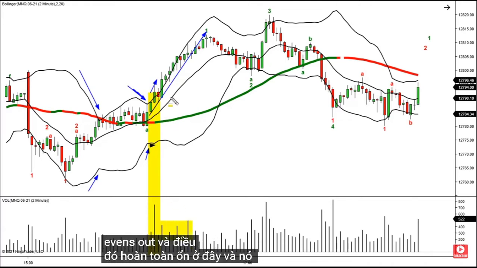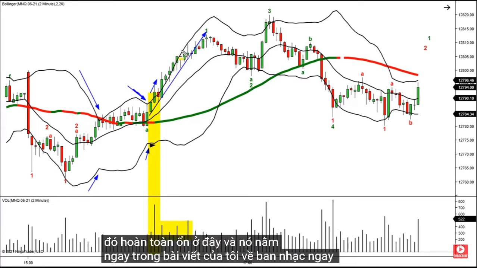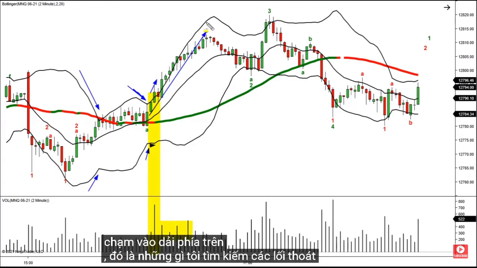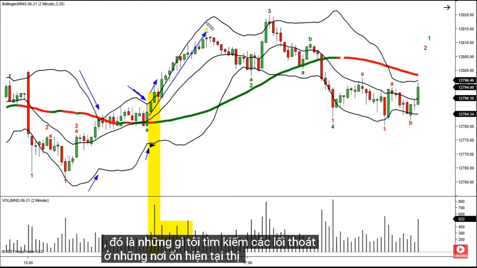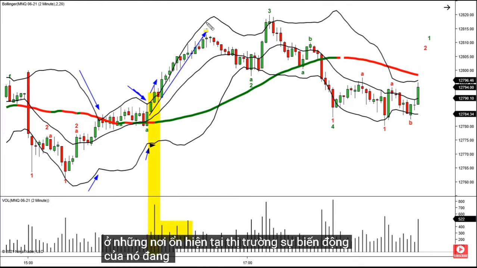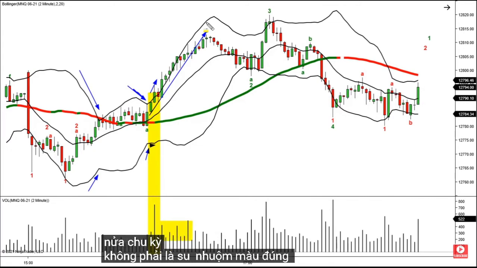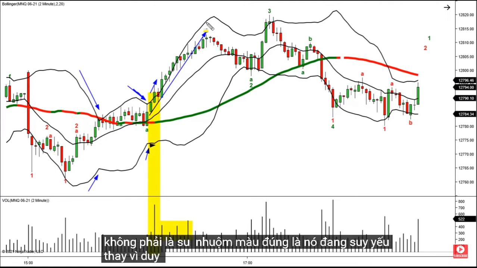It's riding the band, and then we get a cycle high, and it does not touch the upper band. That's what I look for on exits. Now the volatility of the market is slowing down. The energy of that initial impulse of that half cycle is not sustaining, right? It's waning as opposed to sustaining.